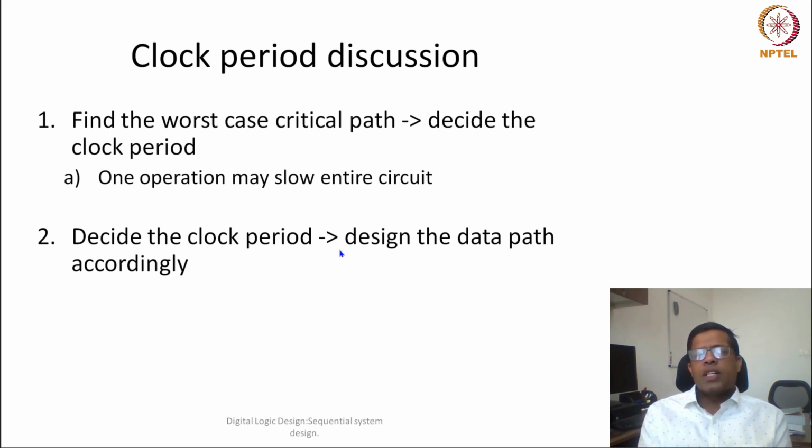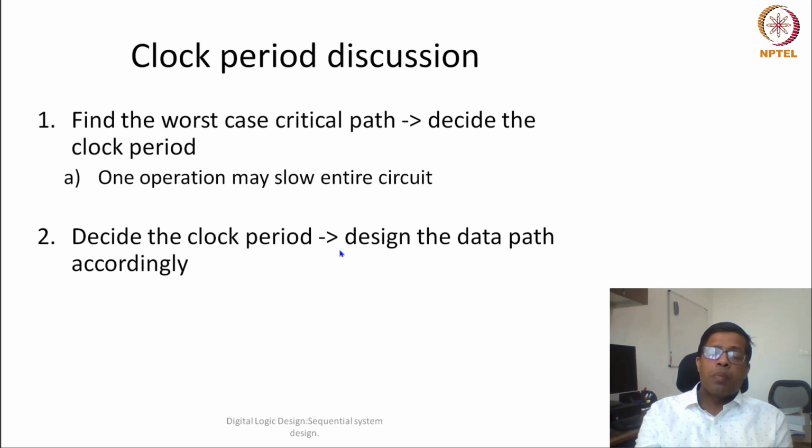Let's take an example where multiplication is 10 times slower than addition, and addition is also 10 times slower than a shift operation or other logical operations like multiplexing. So in a cycle where we are doing only multiplexing or only a shift operation, it is 100 times faster than the clock. That means during that clock period only 1/100th of the time some operation is happening, and otherwise it's idle.